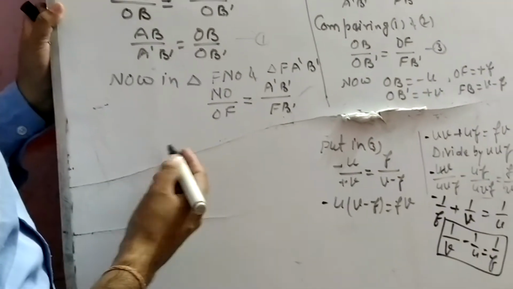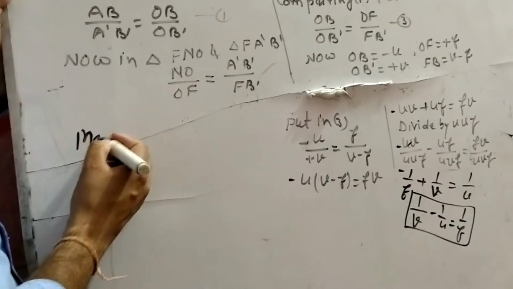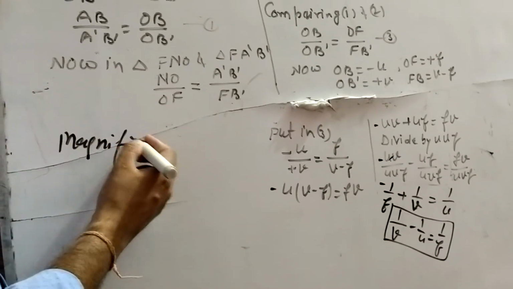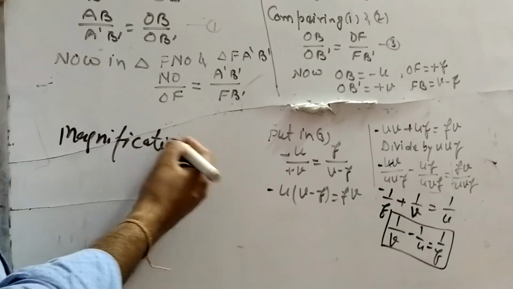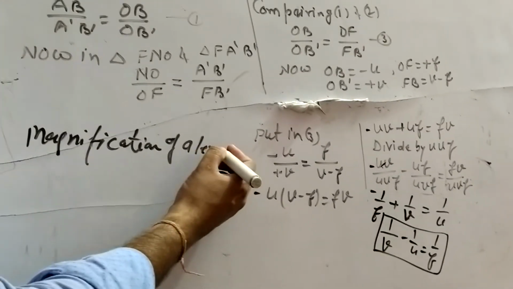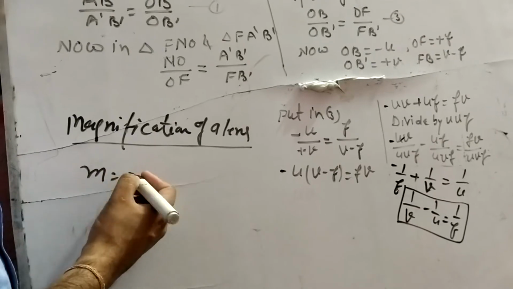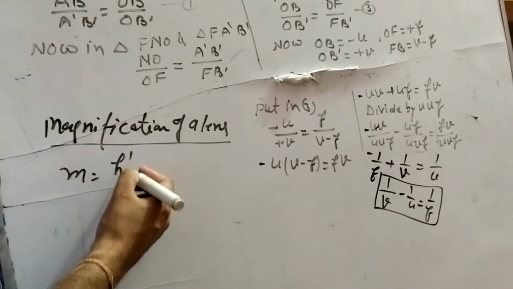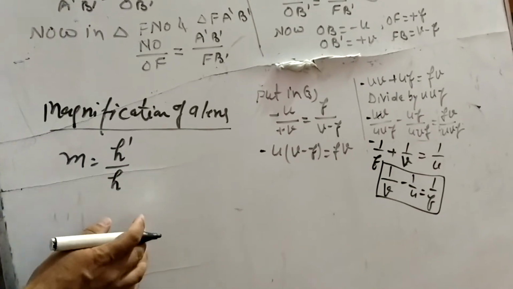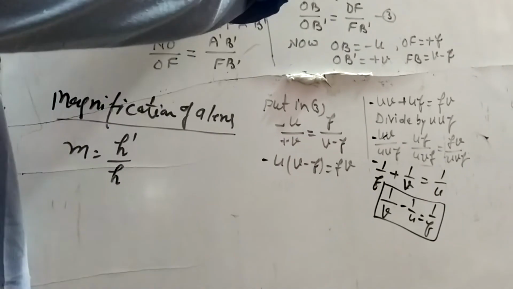Now we apply magnification of lens. What is magnification? m is size of image upon size of object. You can see here size of image.